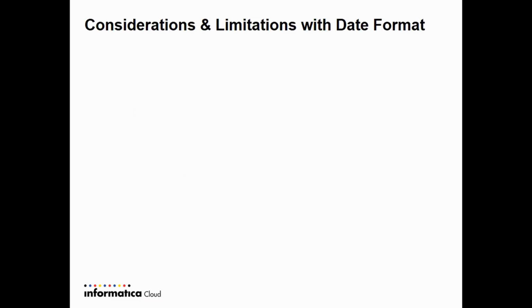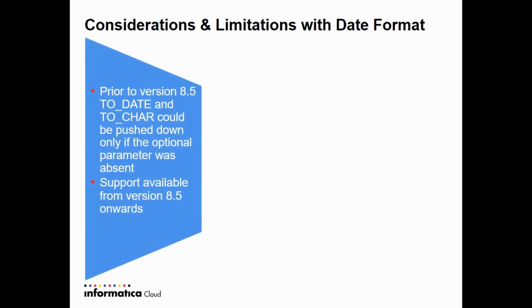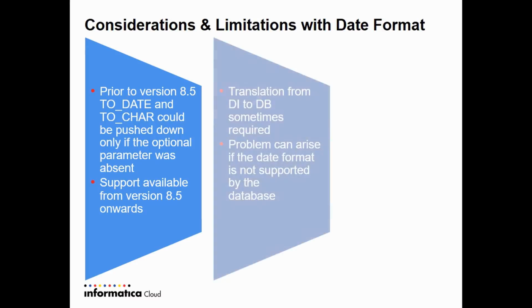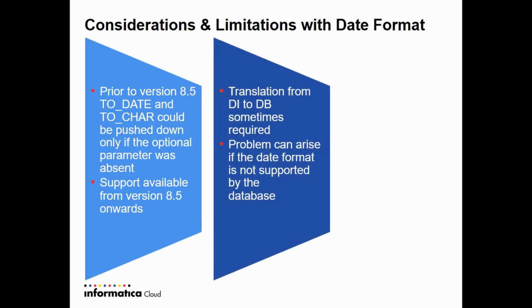Prior to Informatica version 8.5, functions such as toDate and toChar can be pushed down only if they did not contain any optional parameter. However, from version 8.5 onwards, toDate and toChar can take an optional date format parameter. However, the translation from DI to DB functions is sometimes required.